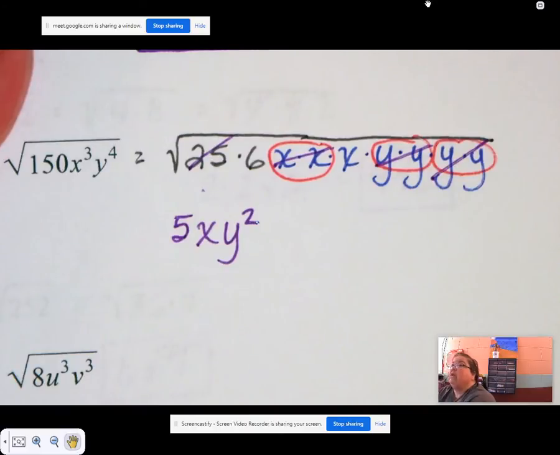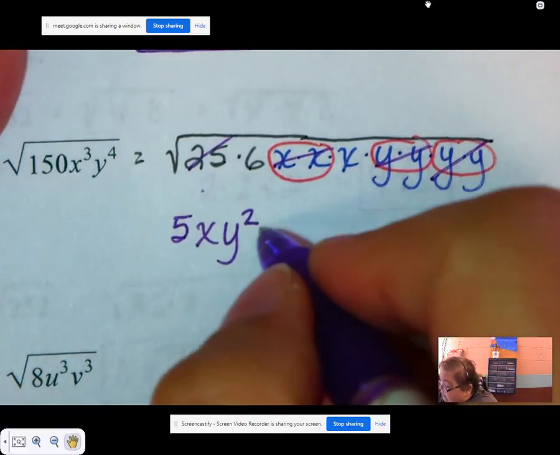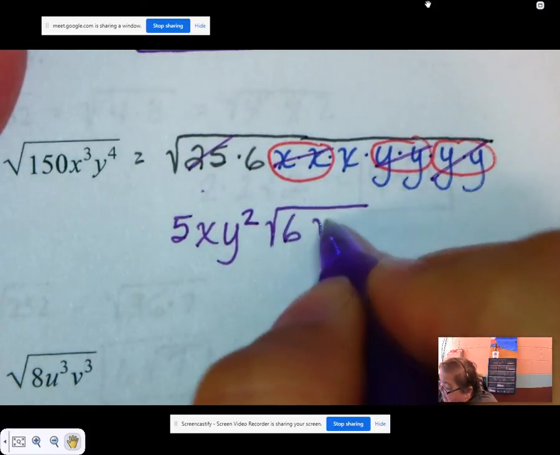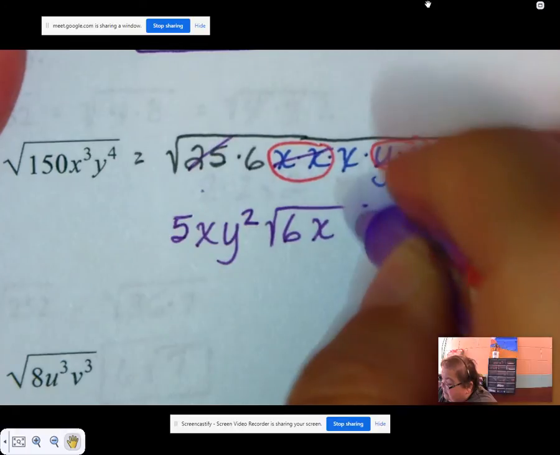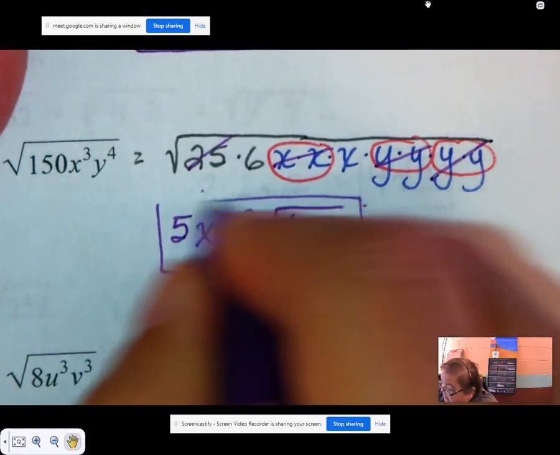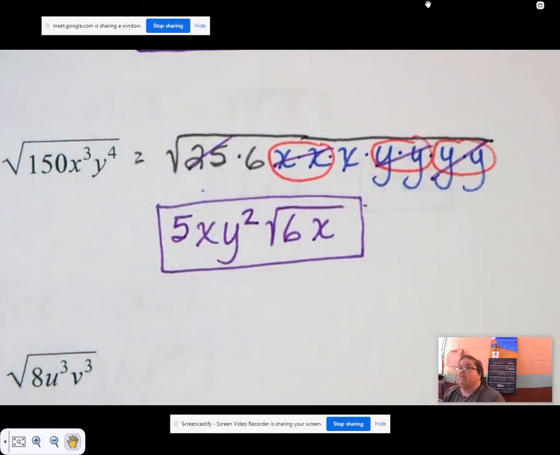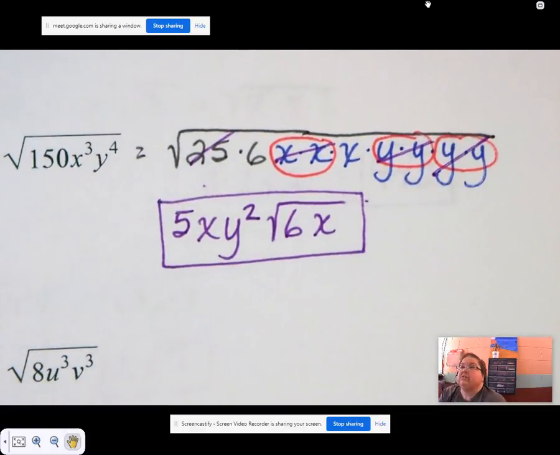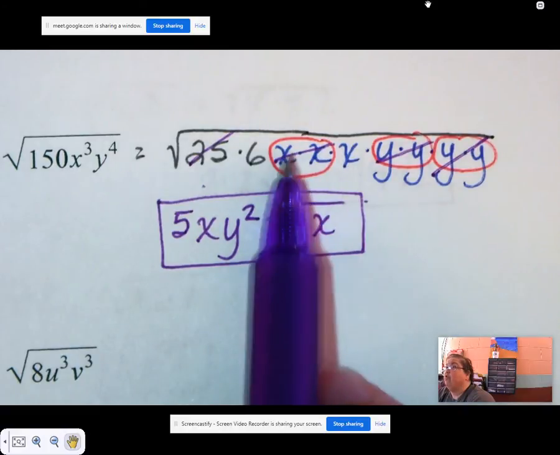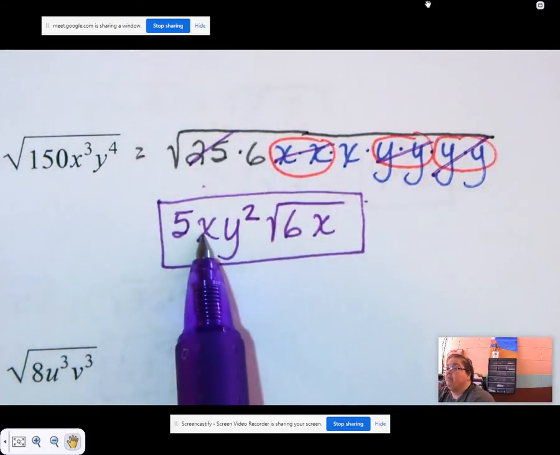You can only remove one group of 2. So what stays inside this time? 6 and the x. The single x. Okay? Questions? 2 variables, because I'm talking squared, and squared means 2. So I've got to have 2 of them to make a group to put it outside.